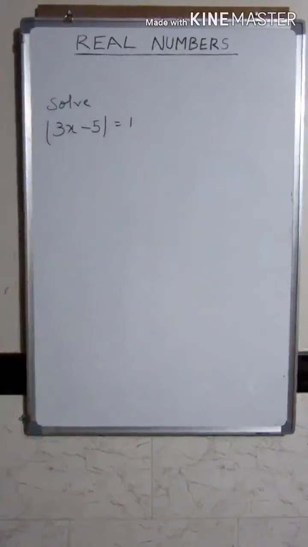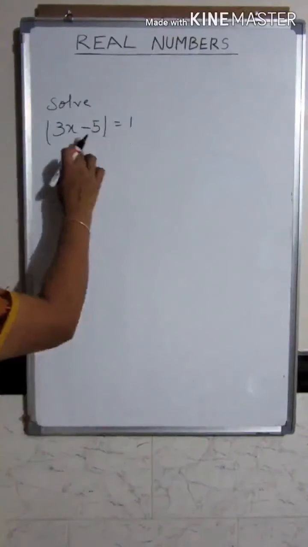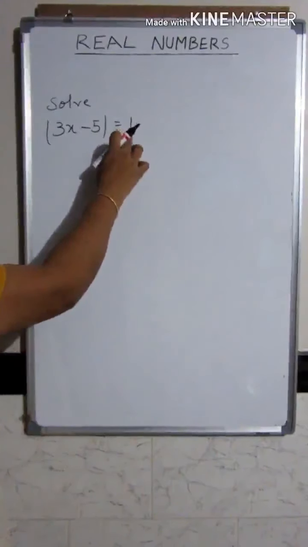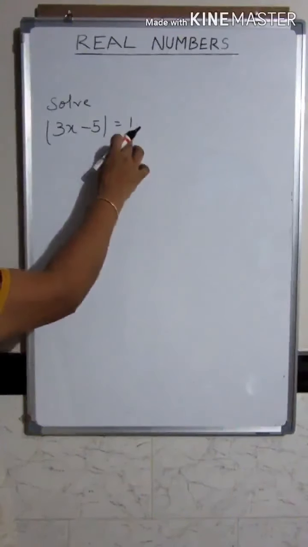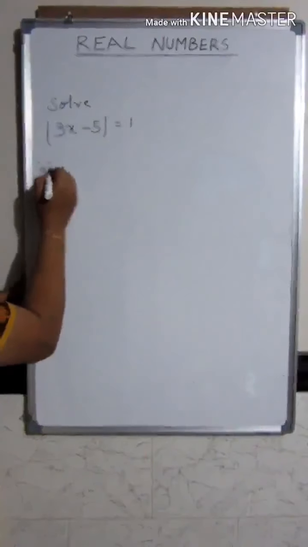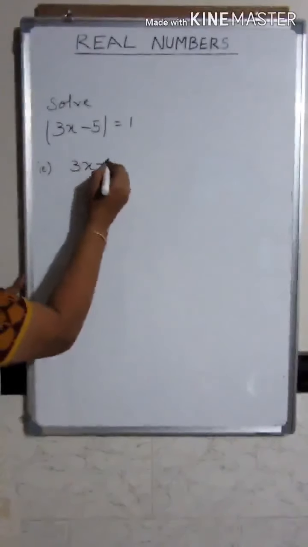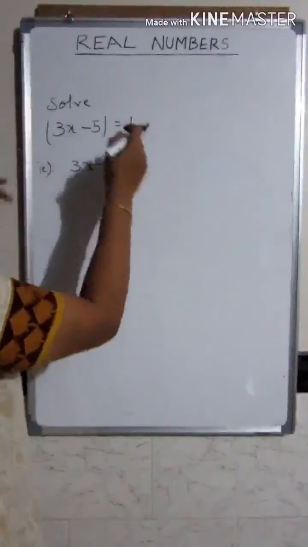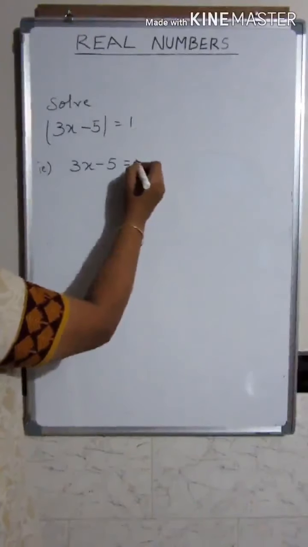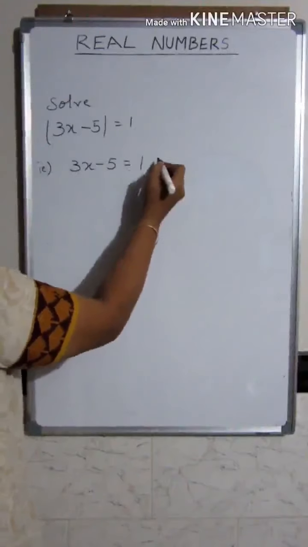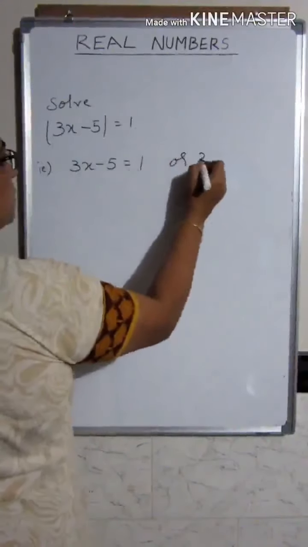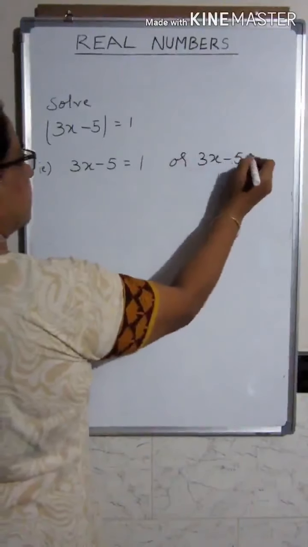Whenever you remove the absolute value, you have to take the value on the right hand side with positive and negative values. So you write 3x minus 5 is equal to plus 1, or 3x minus 5 is equal to minus 1.